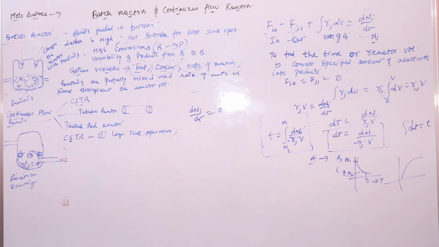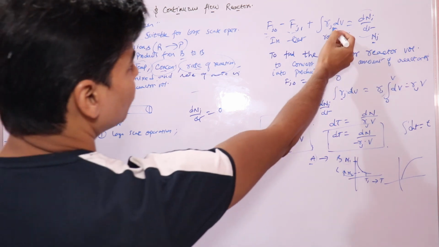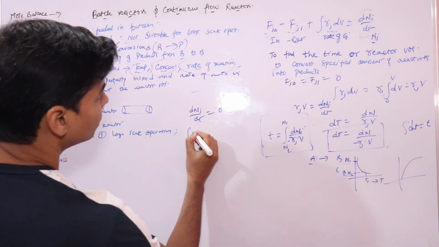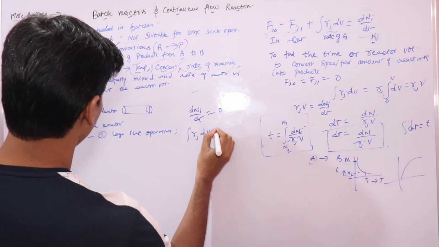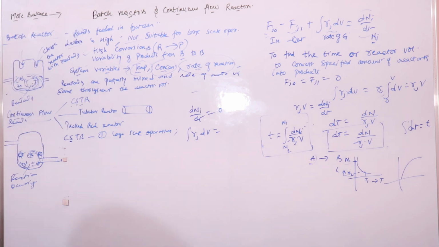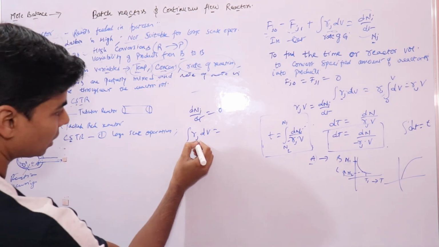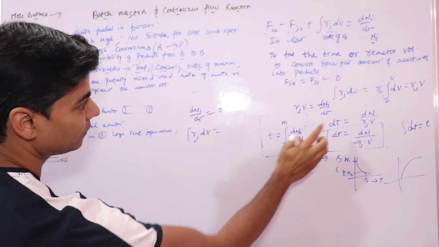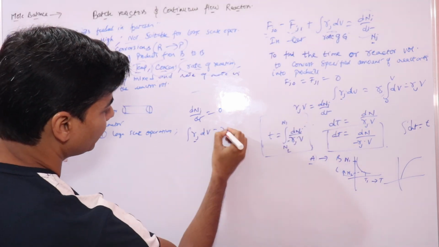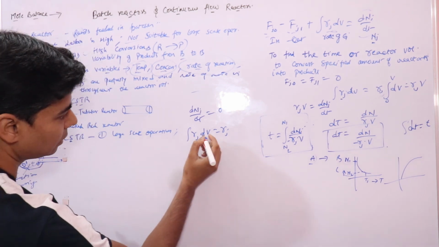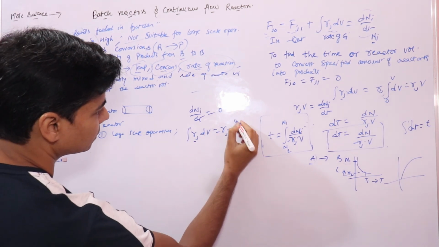Now we have to find the rate of generation. Again, this Rj would be constant, like we did before. We will take this out of the integral, then integrate dV.